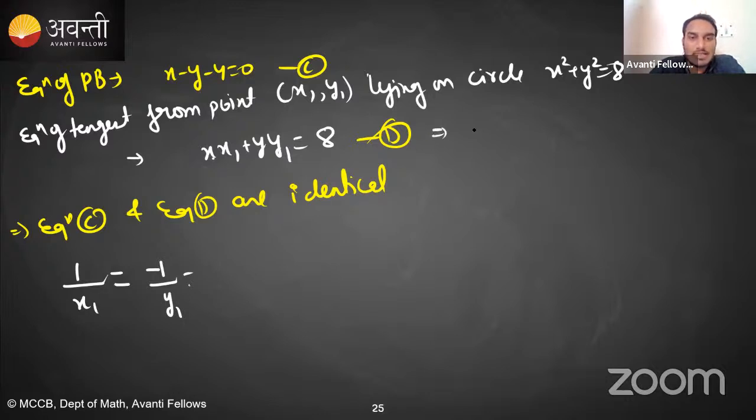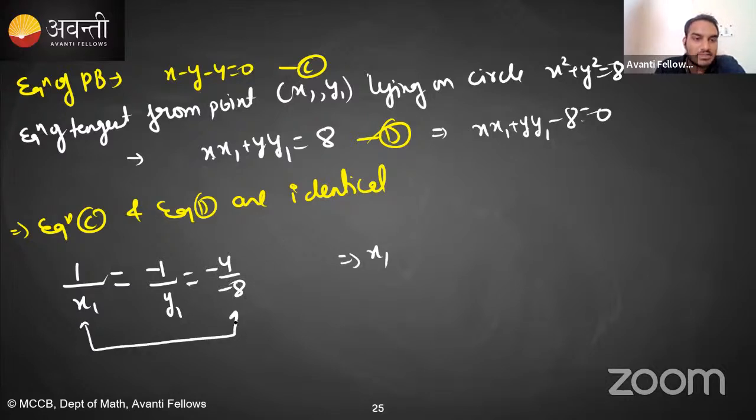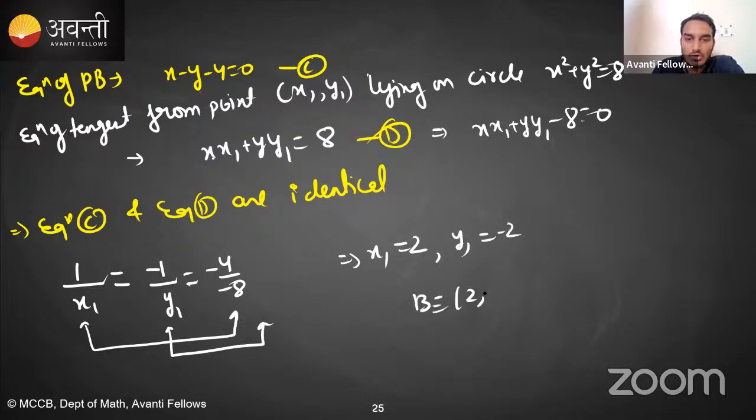So let's say this equation can be written as x x1 plus y y1 minus 8 is equal to 0. So this is equal to minus 4 upon minus 8. So from here, when you compare these two, how much is x1? x1 is 2 and y1 is minus 2. So the point B is 2 comma minus 2.